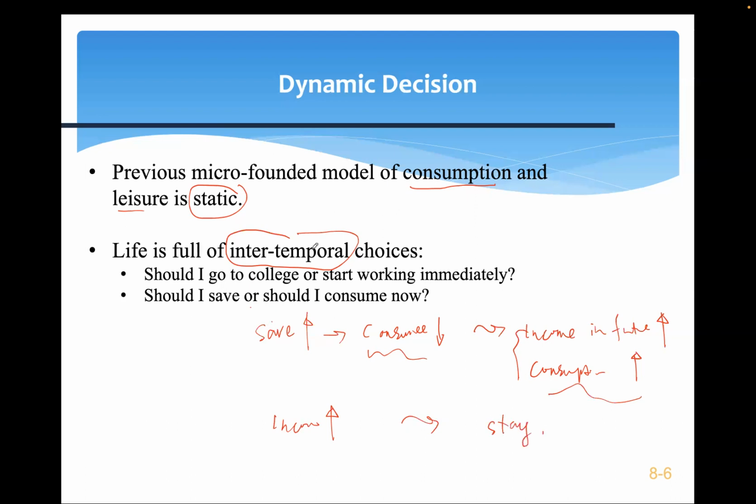On the other hand, if you go to college, your current income is going to drop. Actually, you are probably going to lose most of your income because you cannot work. But then your future income is going to increase because you earn a degree, so you're going to have a better job. So clearly you can see there's a trade-off between today and tomorrow, or current and the future. This is what we mean by intertemporal.